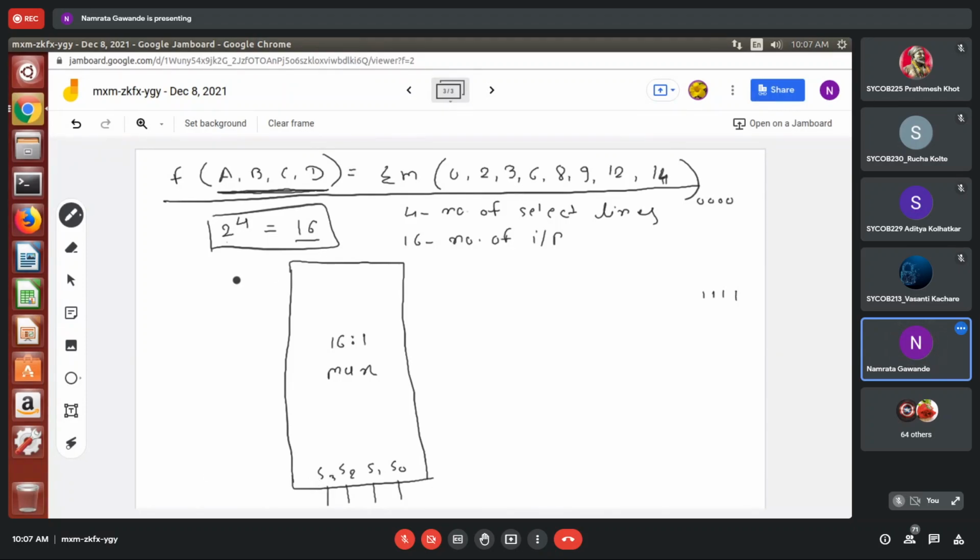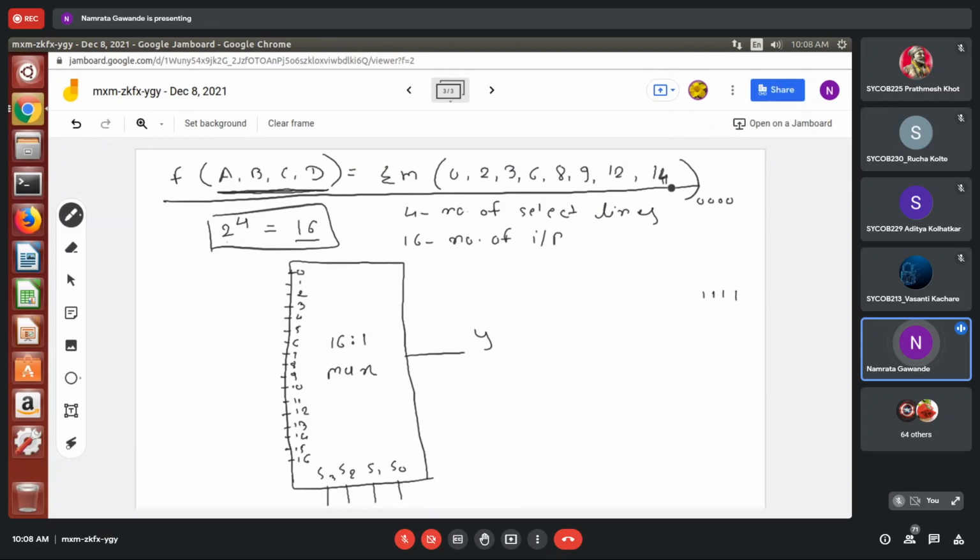And how many inputs? 16 inputs: 0, 1, 2, 3, 4, 5, 6, 7, 8, 9, 10, 11, 12, up to 15. 16 inputs should be there. One output. Now, how to implement this?